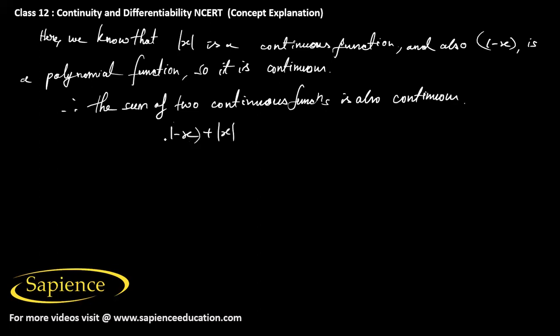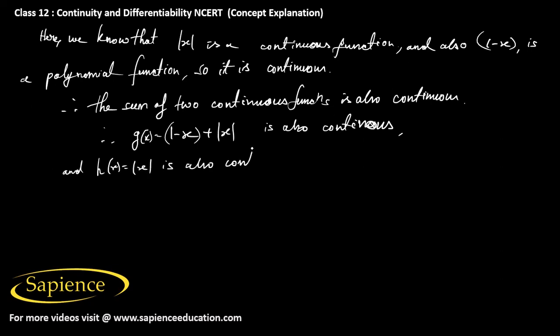So the sum of two continuous functions, which is g of x, is also continuous. And h of x, which is equal to mod x, is also continuous.